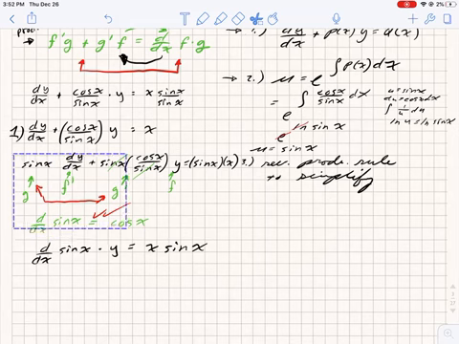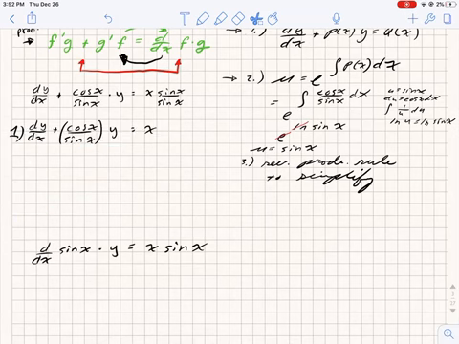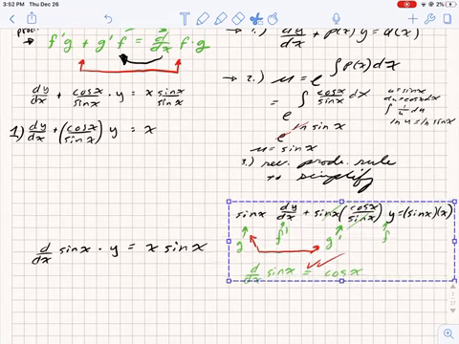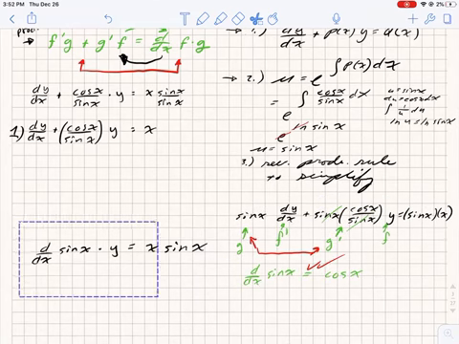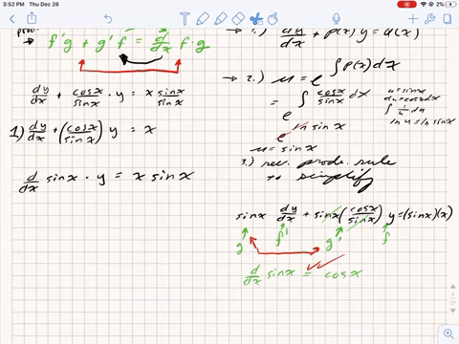Let's put this over here so it looks cleaner. So this is equal to that.